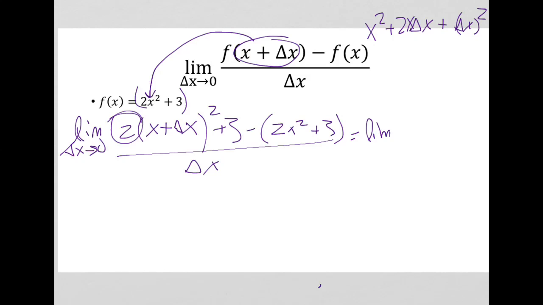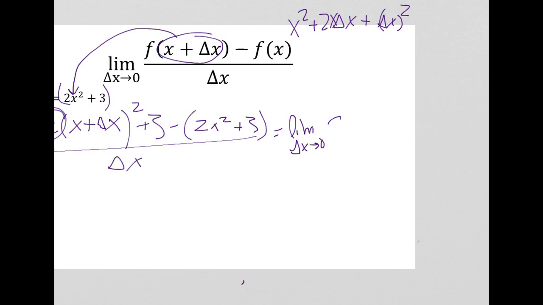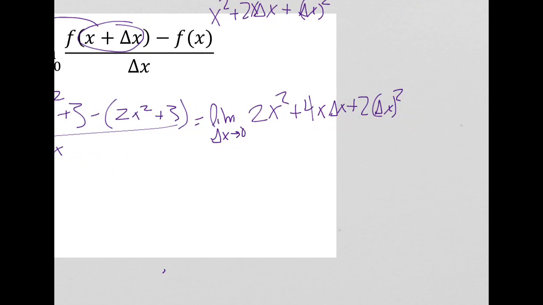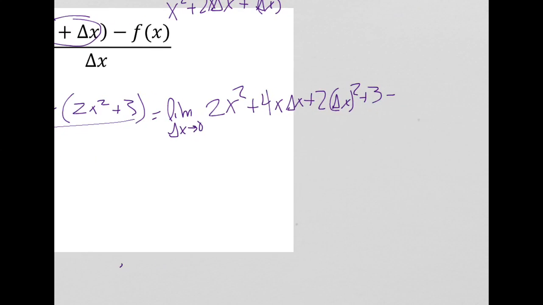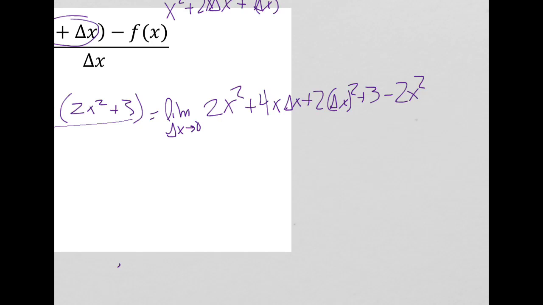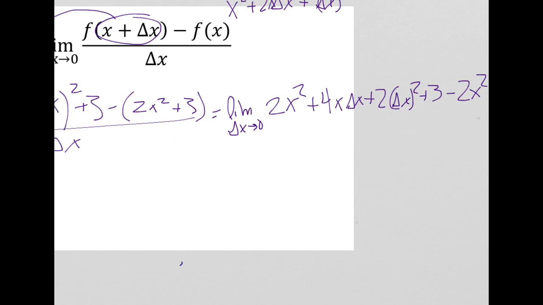So I'm going to rewrite this as the limit as delta x approaches 0 of 2x squared plus 4x delta x plus 2 delta x quantity squared plus 3 minus 2x squared minus 3, because again you have to distribute that negative into both of those terms, and all of this is over delta x.